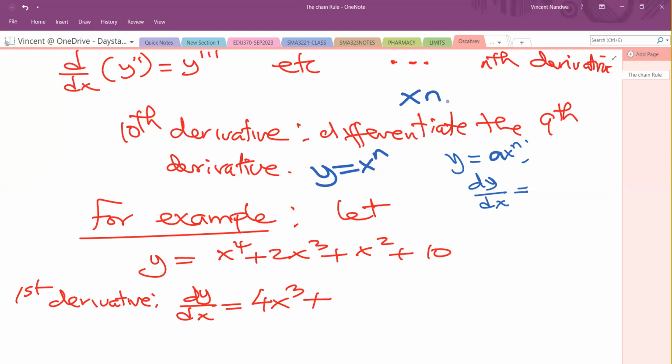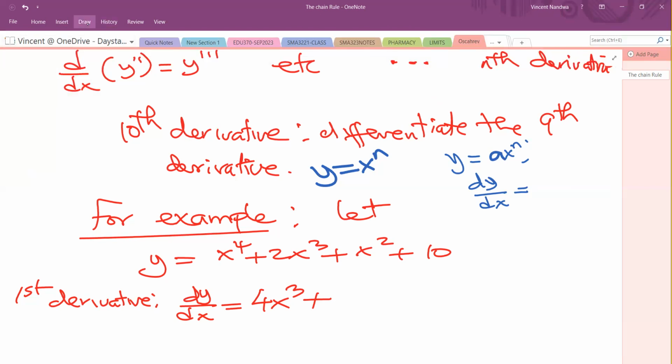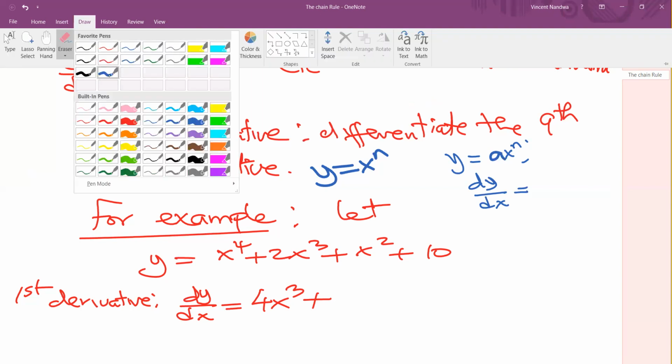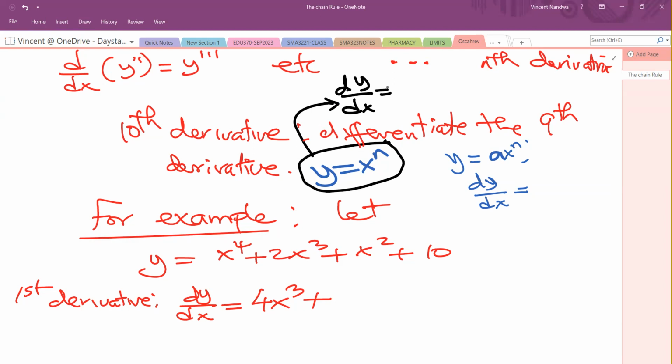How did we define the power rule? So then tell me, what is dy dx of this function? Not xn, nx raised to n minus 1, okay?